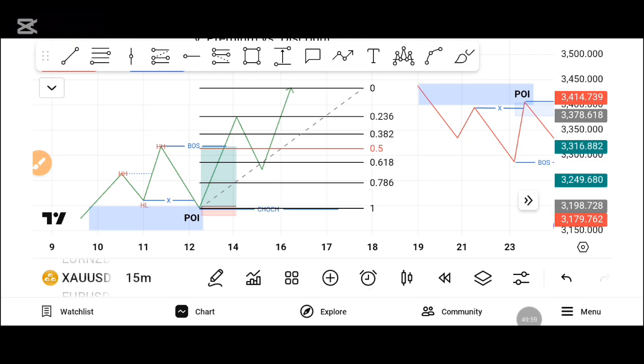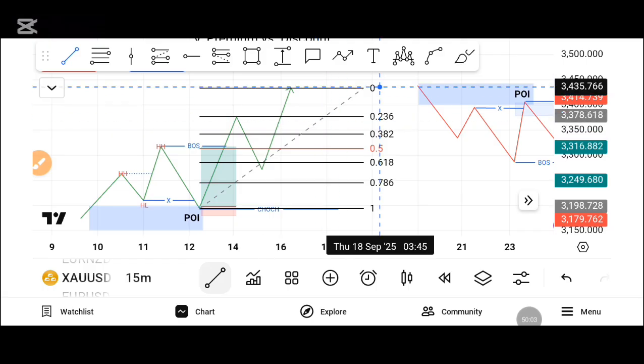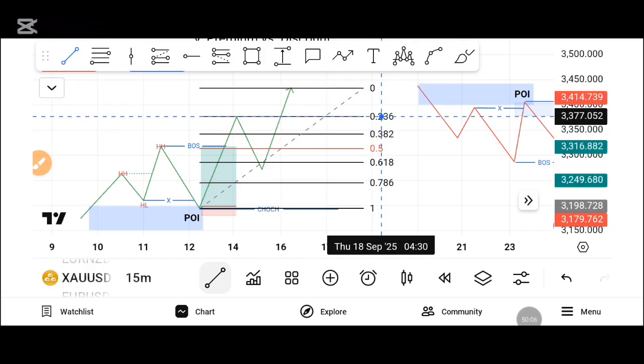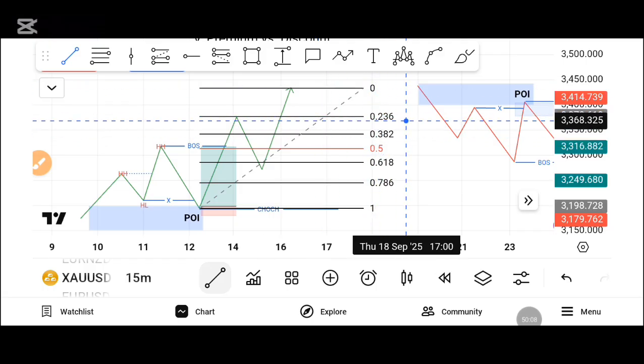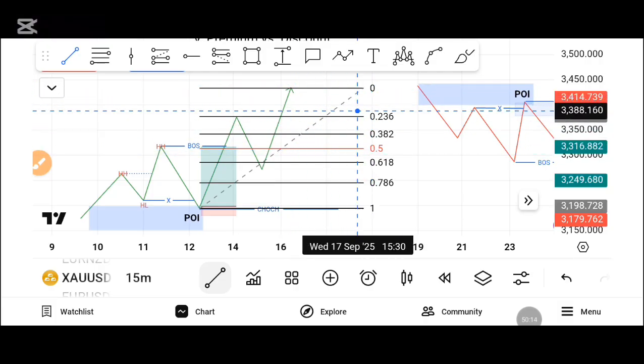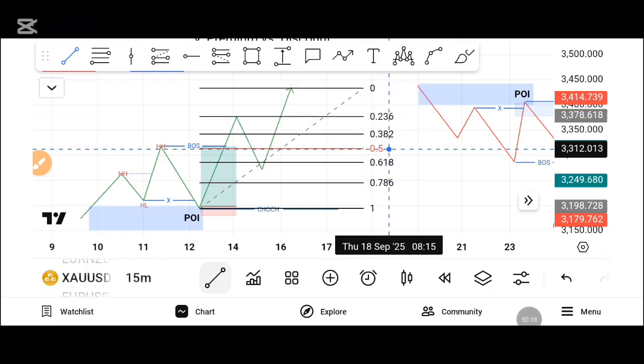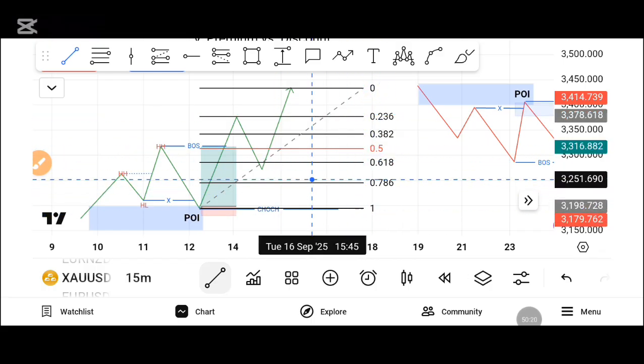You can see all these lines here. This is 0, this is 0.2, this is 0.3. From 0.5 to 0 is your premium. Understand? From 0.5 to 1 is your discount.